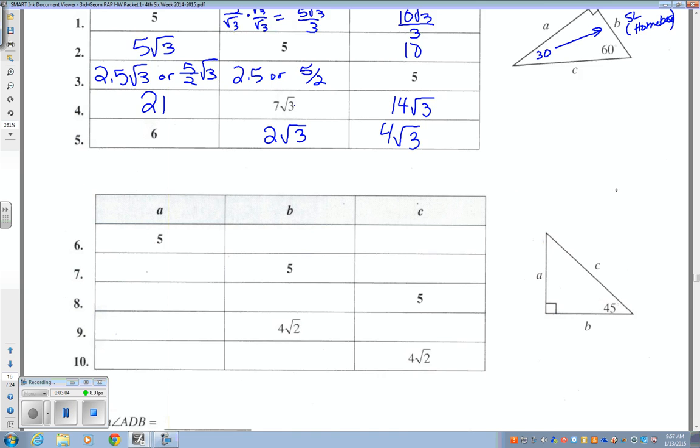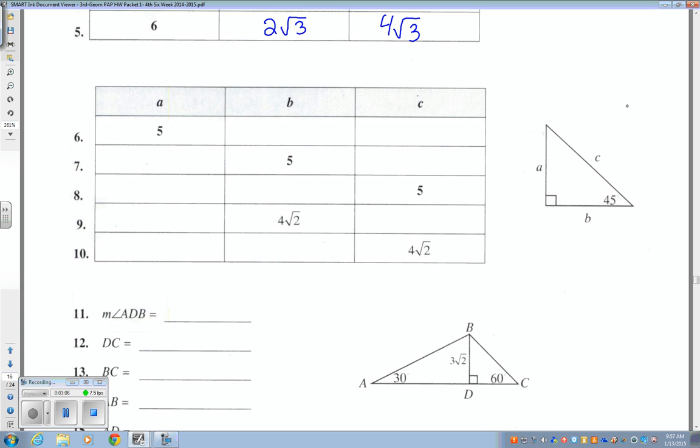Now, on the next set, we have a right isosceles. So A and B are always going to be the same because these are your legs, and C is your hypotenuse. To go from a leg to the hypotenuse, what do you do? Multiply by radical 2, square root of 2.